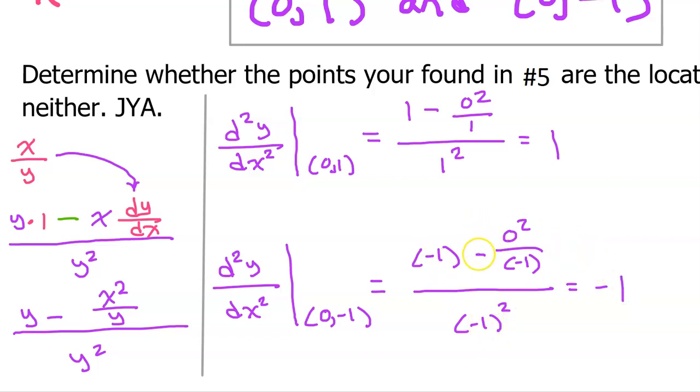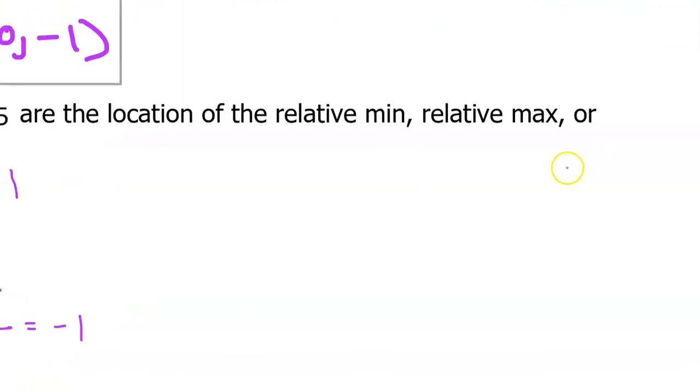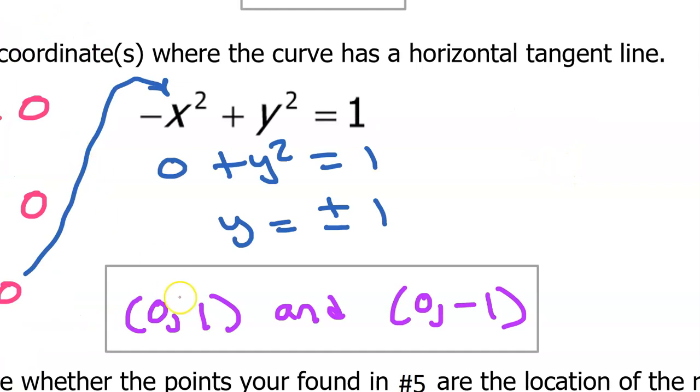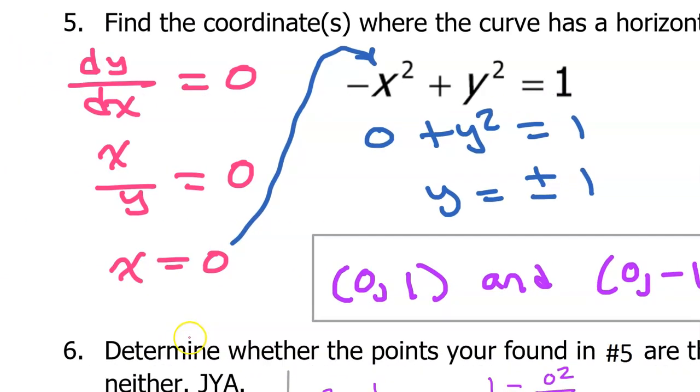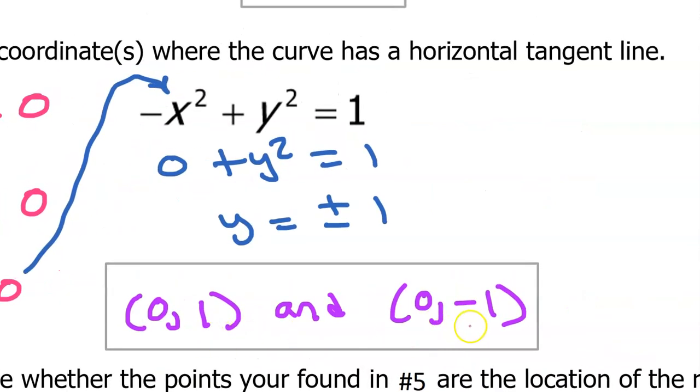So how does this tell us whether or not we have a relative max or a relative min? Remember, back on problem number 5, when we found these two coordinates, we were finding the points where the curve has a horizontal tangent line. So we know there is a horizontal tangent line at each of these points. But there are 3 ways you can have a horizontal tangent line.